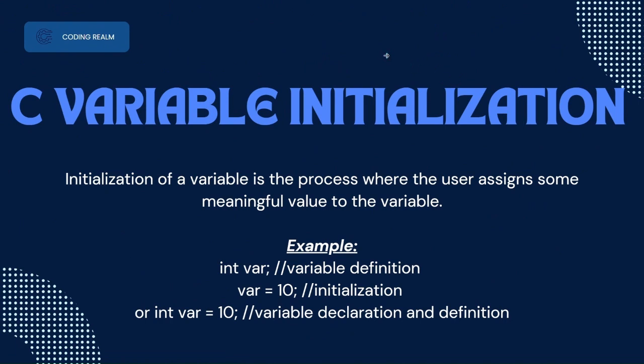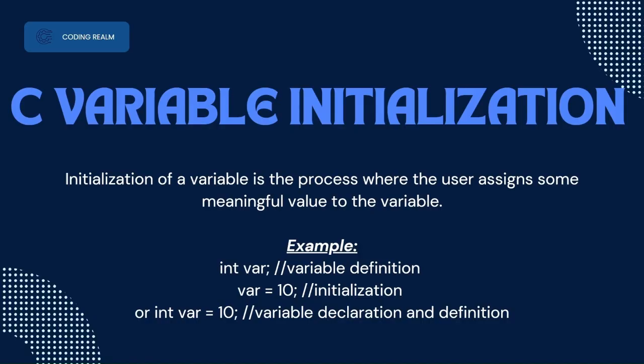Now let's talk about the C variable initialization. Initialization of a variable is the process where the user assigns some meaningful value to the variable. For example, integer var is a variable definition. Var equal 10 is the initialization.